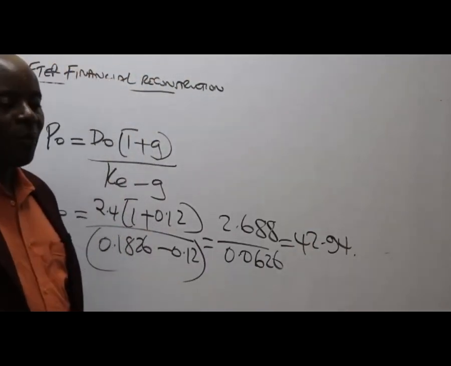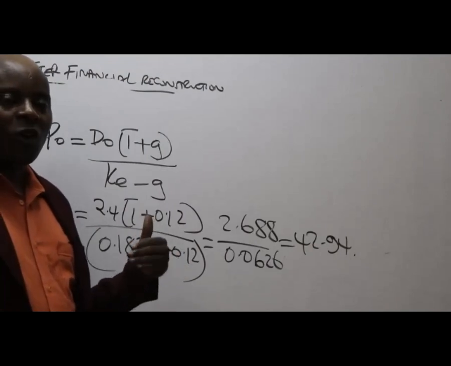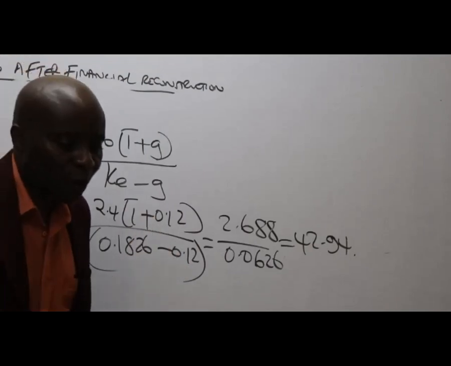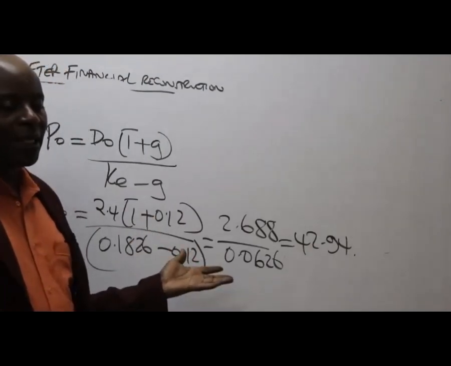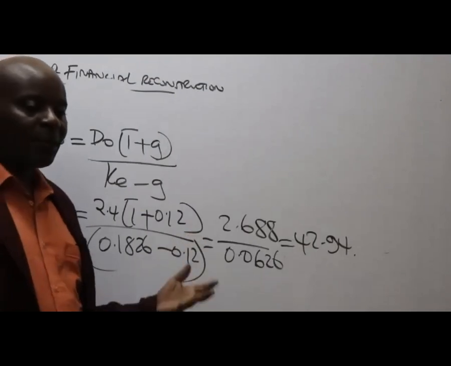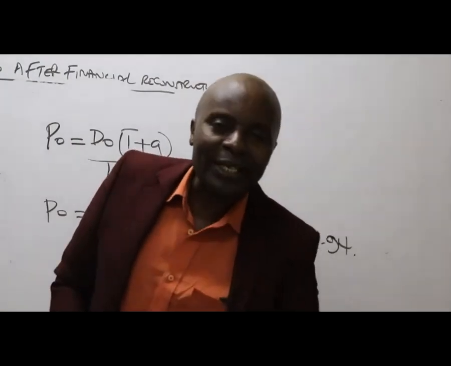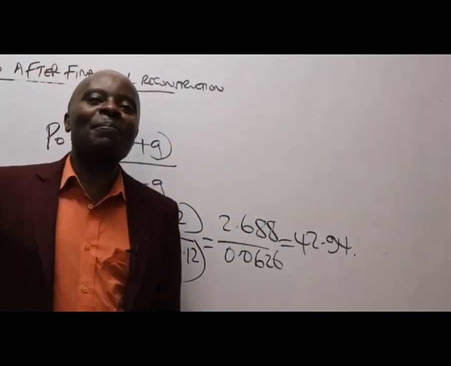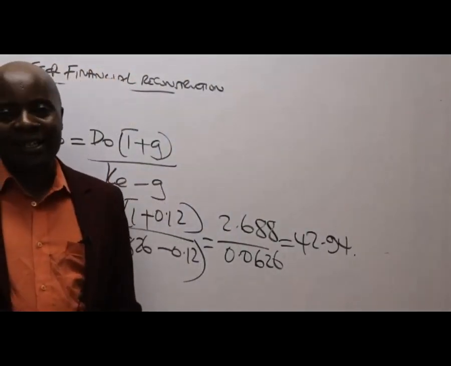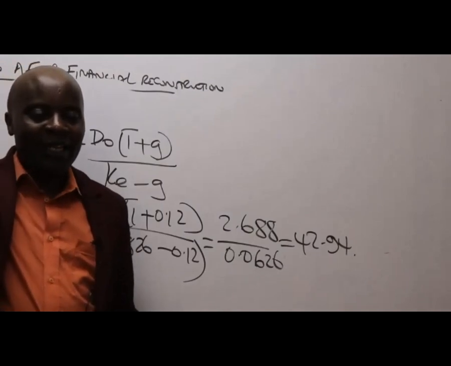So then what do you think of this financial reconstruction? Is it good or bad? Look at the old market price per share before reconstruction. Compare it with the current market price per share. Ladies and gentlemen, every organization would want to maximize their market price per share. They would want market price per share increasing.